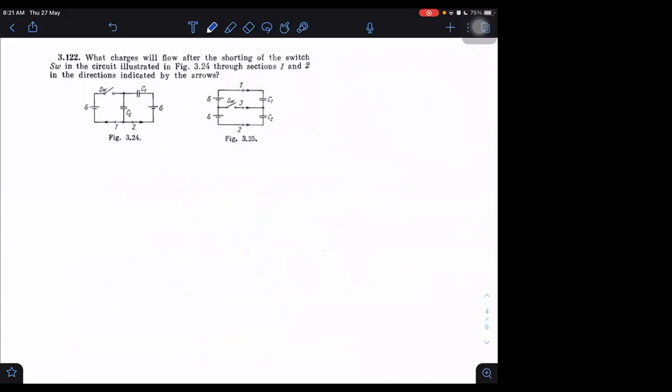What charge will flow after shorting of the switch SW? Can you tell what charge will flow through the sections 1 and 2? This is 1 and 2, and the second case is this is 1 and 2. You have to determine in both cases, when we close the switch, what charge will flow through these sections. Try once.